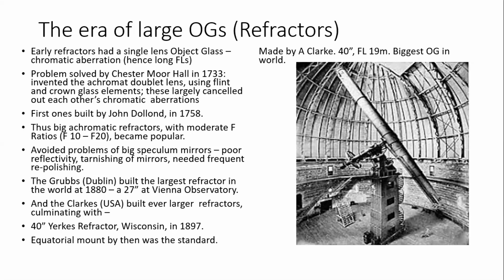I'm not sure exactly why. But the largest refractor in the world in the year 1880 was one that was built by the Grubbs, 27-inch diameter at Vienna Observatory. But in America, the Clarks built ever bigger ones, and the largest that was ever built and used was that 48-inch in Yerkes in 1897.